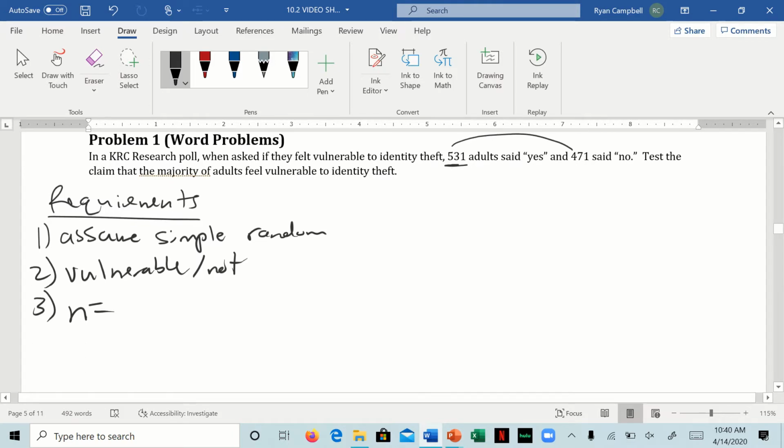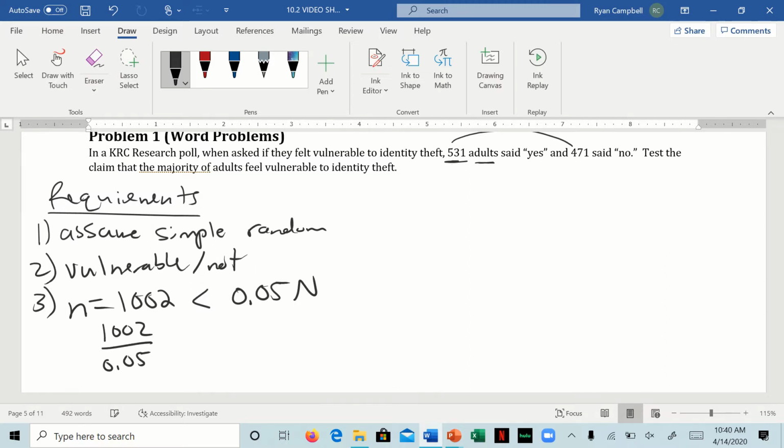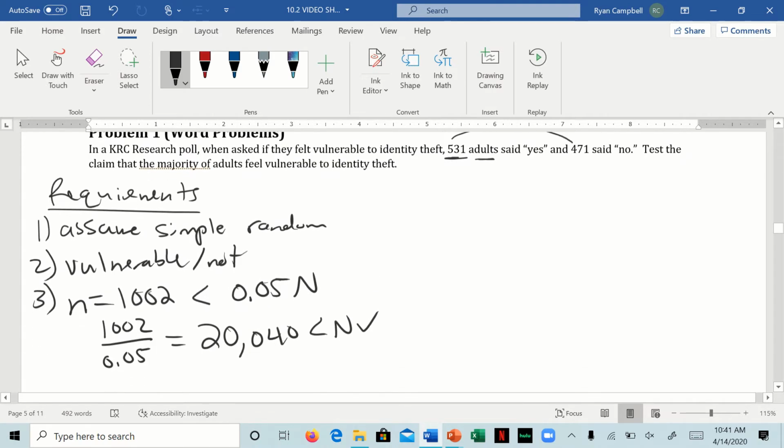So the question is, is 1,002 less than 5% of your population, which would be everybody, all adults? Well, we can divide that out. If we want an exact number, that's going to be about 20,040. So is that less than our entire population? Oh yeah, we definitely have more than 20,000 adults in the world, right?